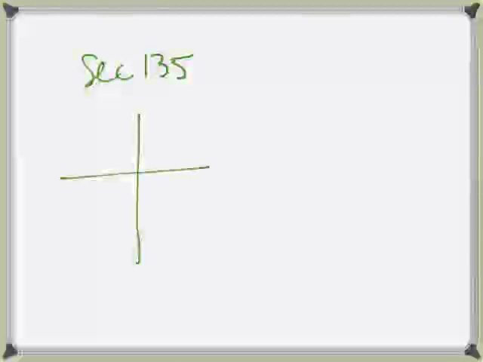The first one we'll do is the secant of 135. So we'll graph that. Where's 135 going to land? 45 above the 180. 180 minus 135 is 45.